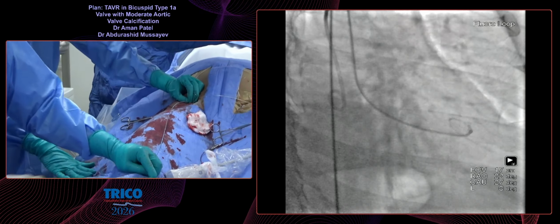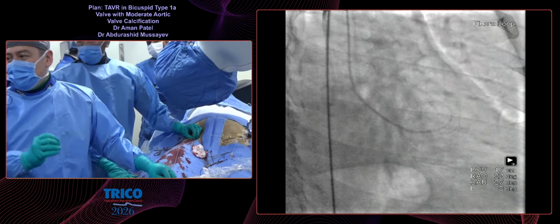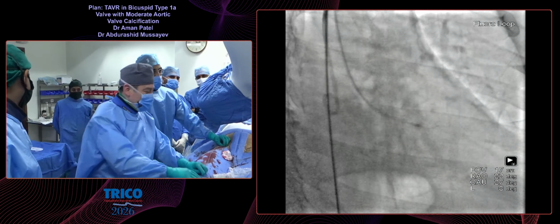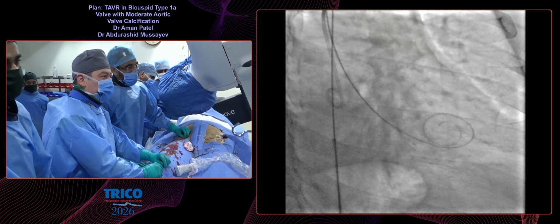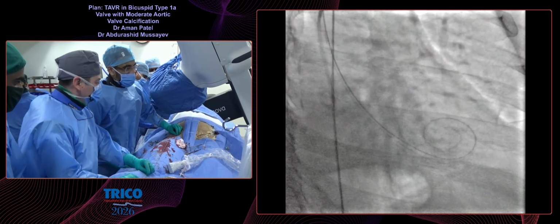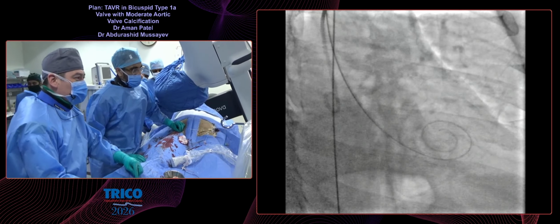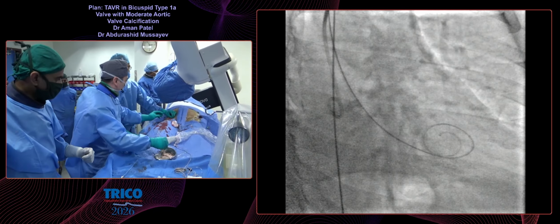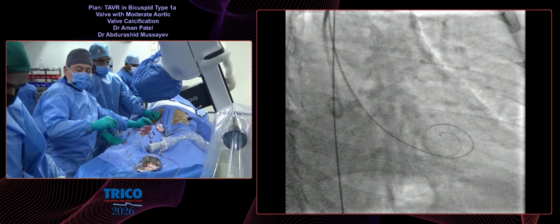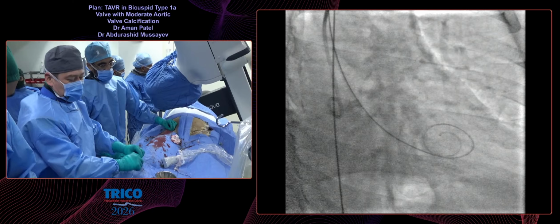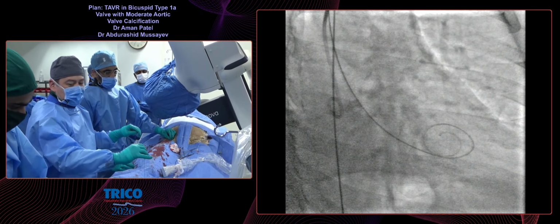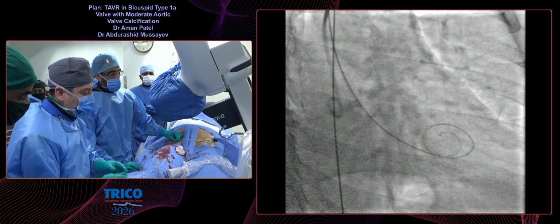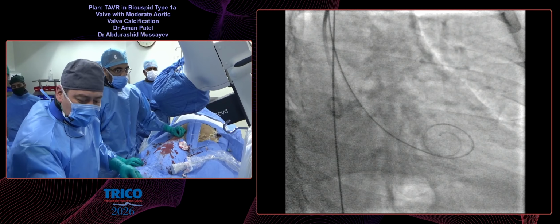Also, when we started in 2011, it was mandatory to do this procedure under general anesthesia and TEE, and it was a lot of additional invasive procedure for TAVR. But now I think we improved these methods, and we could do this procedure minimally invasively and still safe. 18 French.